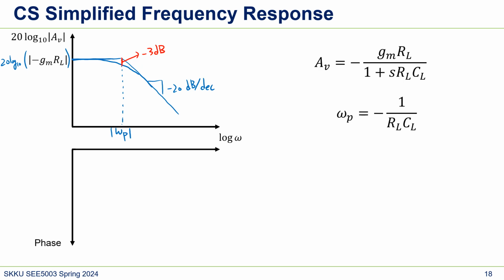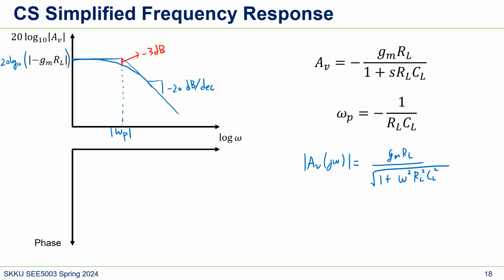That's because our gain would be GM RL times 1 over 1 plus this term.